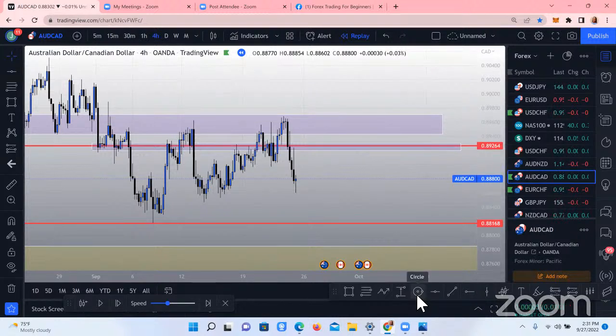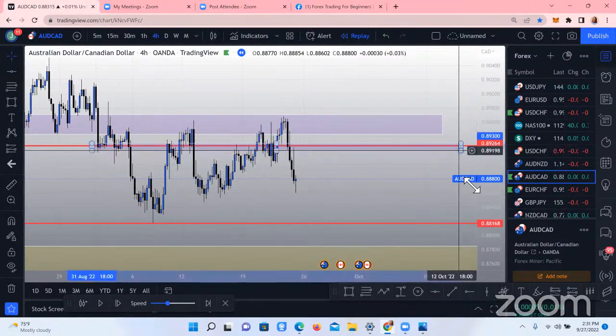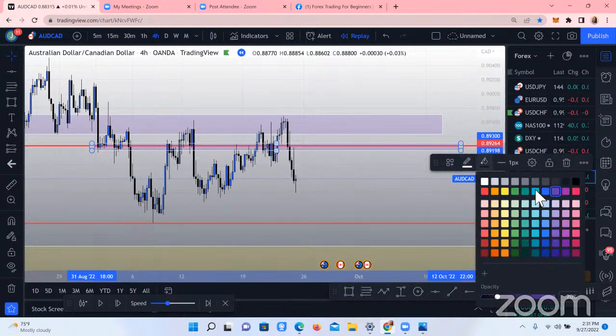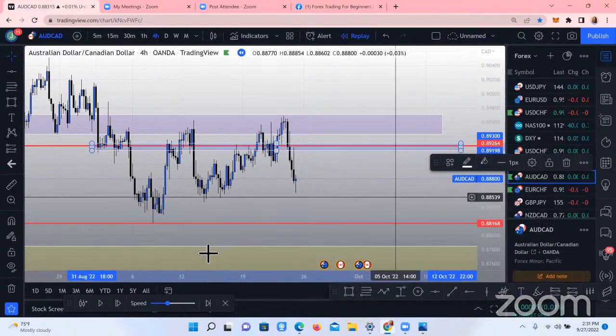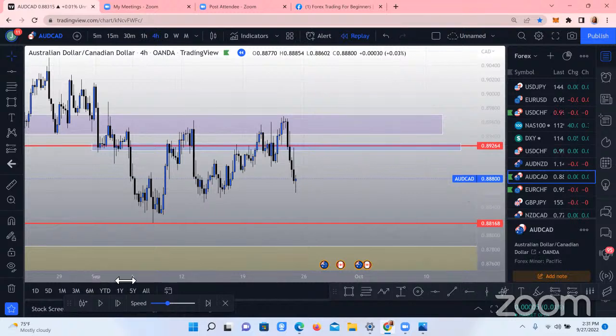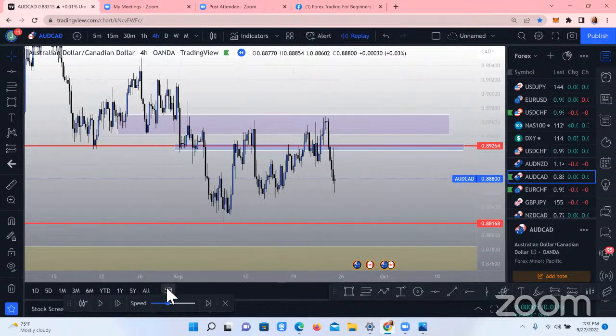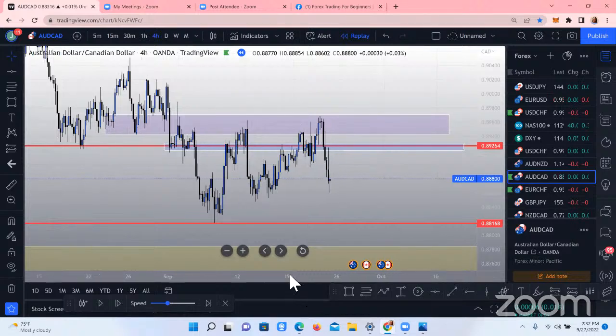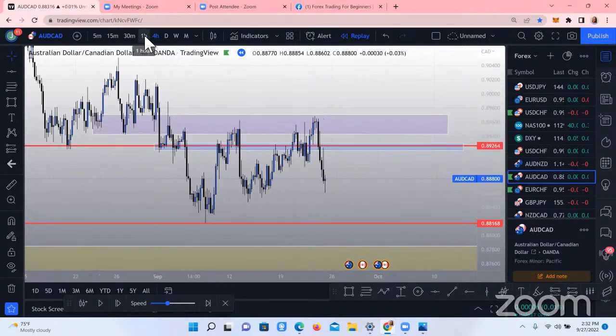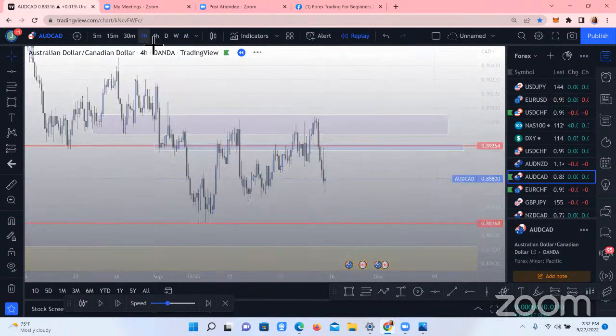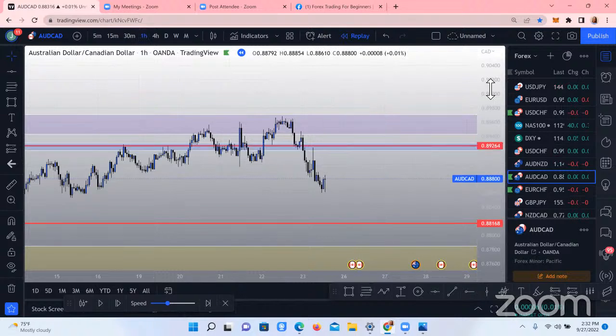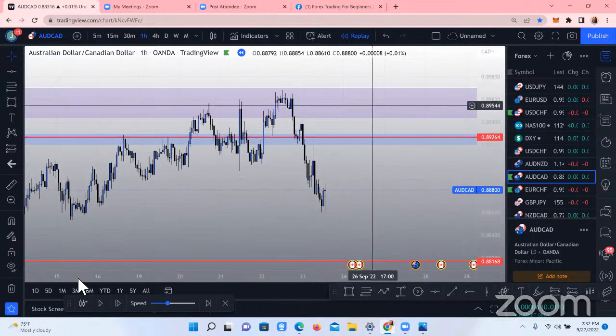So I want to change this, so that's the blue area. We just want to keep an eye on it and make sure price, it wicked up here once, but what we want to see is price come up there, play around, and then drop off. So now we're on the entry time.